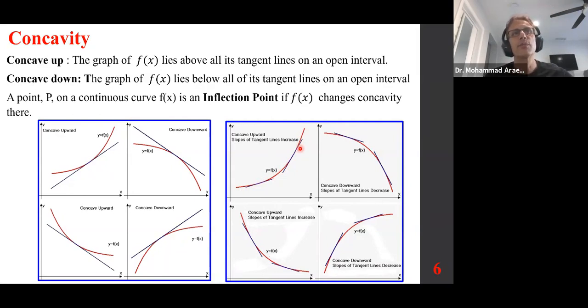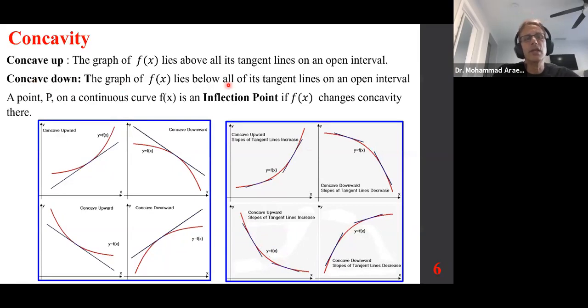Which means f prime is increasing. F prime is increasing, class. Okay, same thing here. If you look at this one, although it's negative, this one is less negative. Okay, so f prime is increasing.